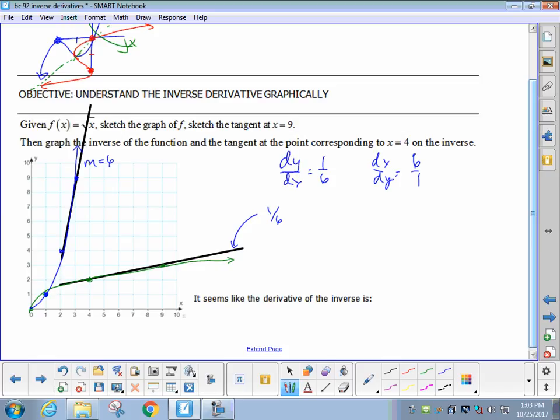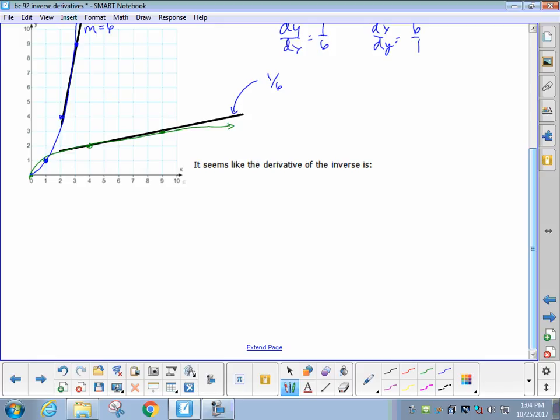I didn't find the derivative of the inverse at the normal point. I found the derivative of the inverse at the inverse point. So this is the idea: the derivative of the inverse is 1 over the normal derivative at the inverse point. Not the original x, not the same x.